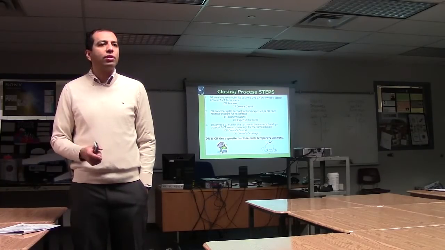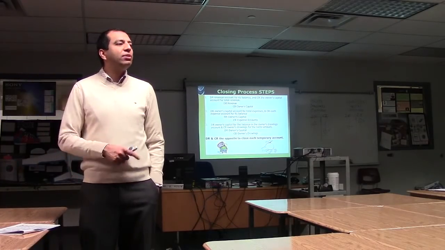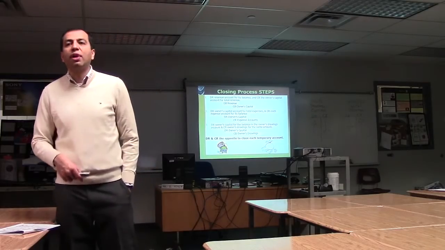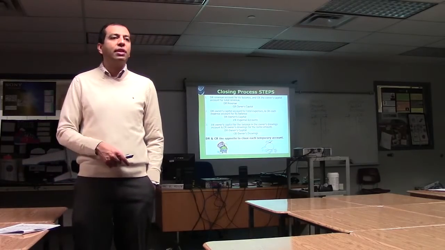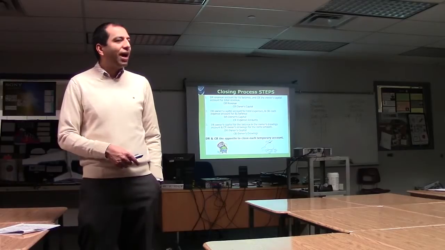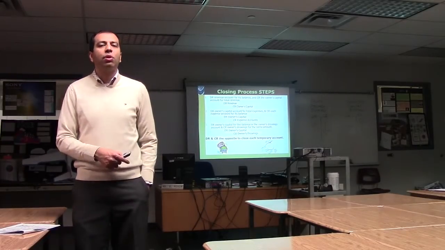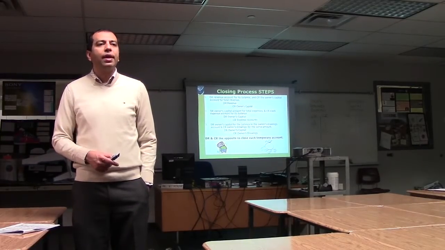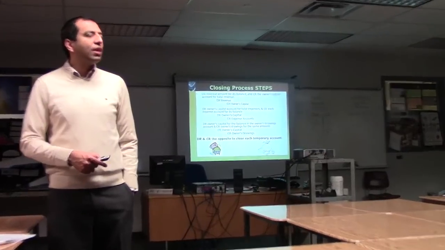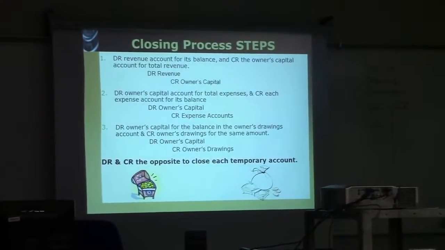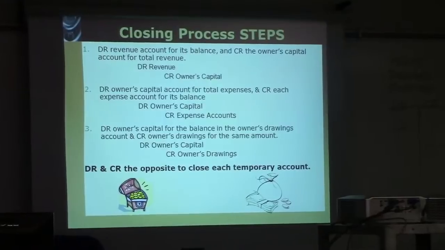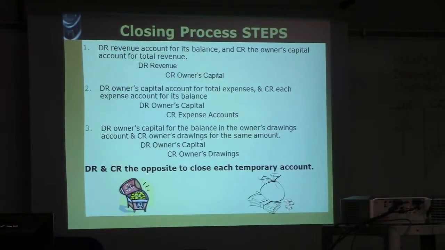If you do a debit to revenues, you must do a credit to something else, because accounting is a double entry system and all debits must equal all credits. So when you debit the revenue accounts, you can simply credit the capital account. And you can see that the revenue account would be zero and the capital account would go up.